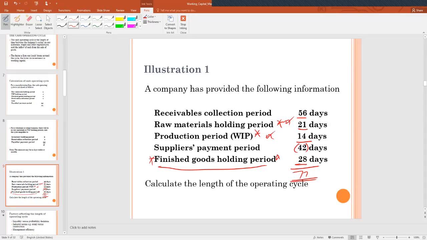If a company does manufacture, like in this example, the days for inventory is 21 days plus 14 days plus 28 days. That's how you get the days for inventory. So if the company doesn't manufacture, don't try to look for days for raw material. You won't find it, because this company is not involved in a manufacturing process.